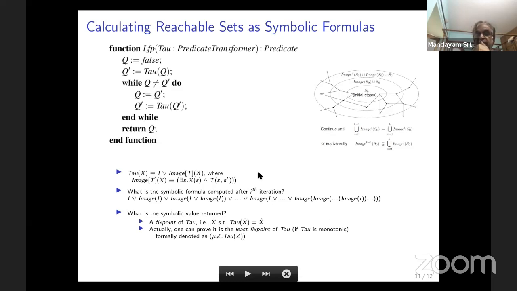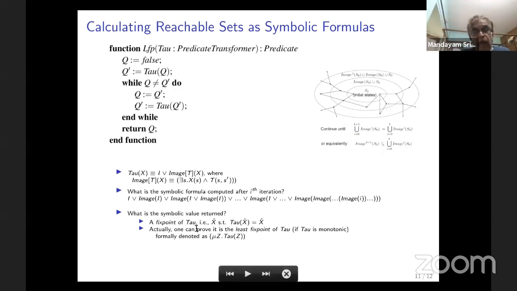If tau is monotonic, then there is one very famous theorem by the mathematician Tarski, which says that in the finite case, monotonicity of tau is necessary and sufficient to guarantee that there exist fixed points for such monotonic functions, and the least fixed point is unique, and the least fixed point can be computed, in this fashion, starting from false, as a union of an infinite chain.